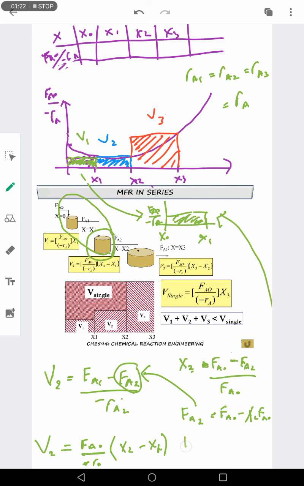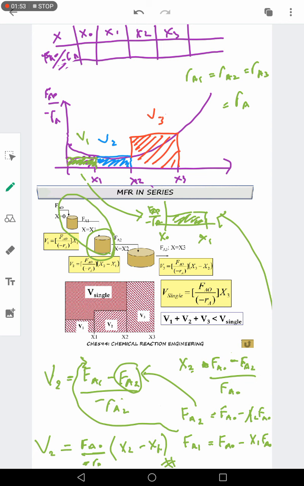So just now we calculate FA1 as FA naught minus X1 FA naught. Okay. So ni FA1 ni you akan masukkan dalam this FA1. So bila you simplify, V2 you akan dapat macam ni.